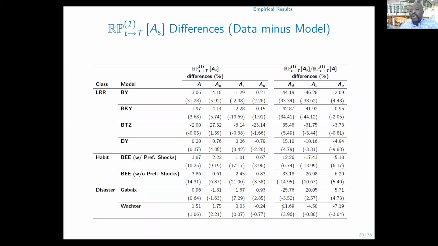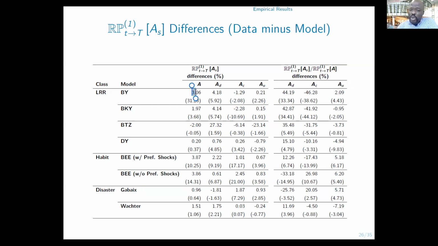Now, in this table, what we did is present the difference between the risk premium in the data and the risk premium in the model, the difference between each component of the decomposition in the data and each component of the decomposition in the model. We also compute some summary statistics in parentheses here. The numbers on top here are pretty significant. These are components of the risk premium.